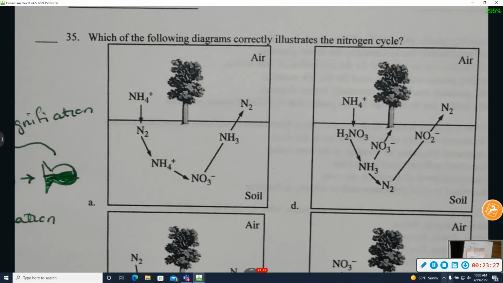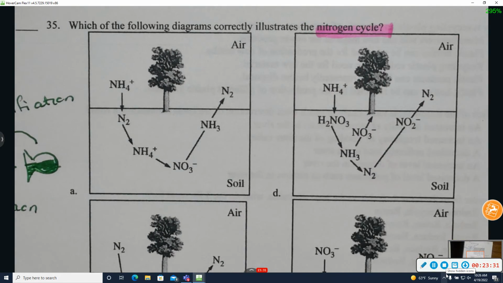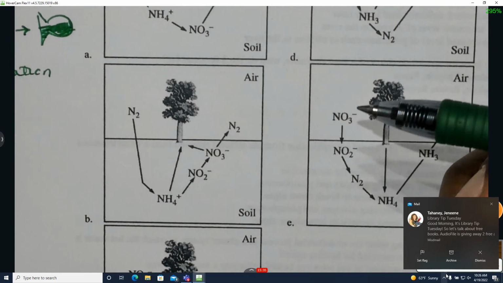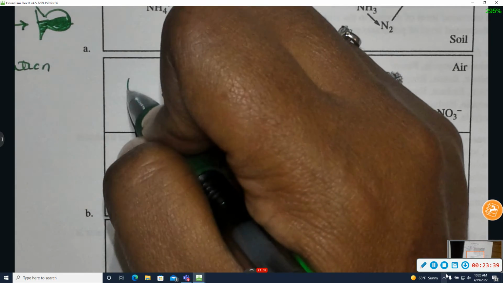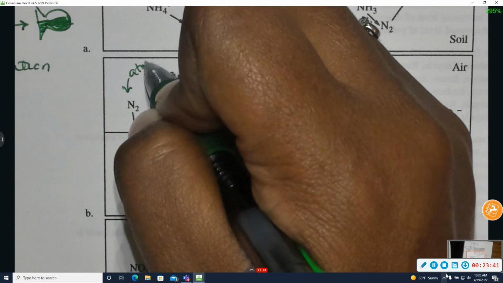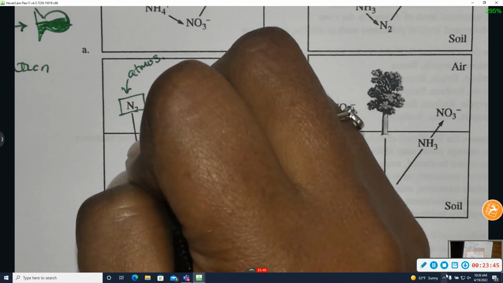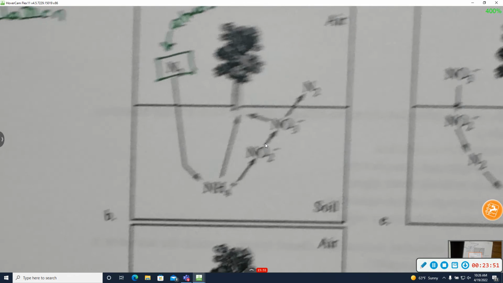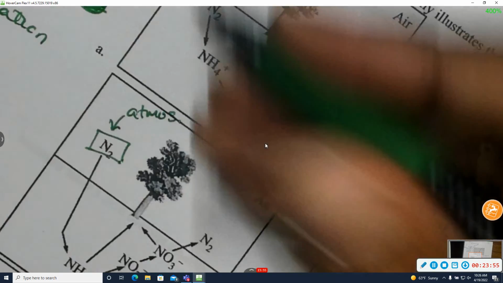This you were just supposed to know, like the nitrogen cycle. I feel like I've given you guys this question a lot, but okay. It was actually this one right here. So this is your atmospheric nitrogen. Plants cannot use it in this form. This is what 78% of the air is. Then it gets fixed.